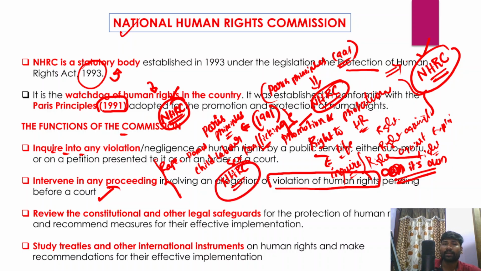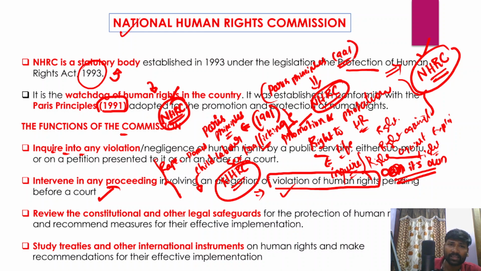Imagine a case on child labor, bonded labor, or begging is pending before a court. The National Human Rights Commission has been given the power to intervene in any proceedings which involve violation of human rights, even when the case is pending before a court. This is another major power and function of the NHRC.